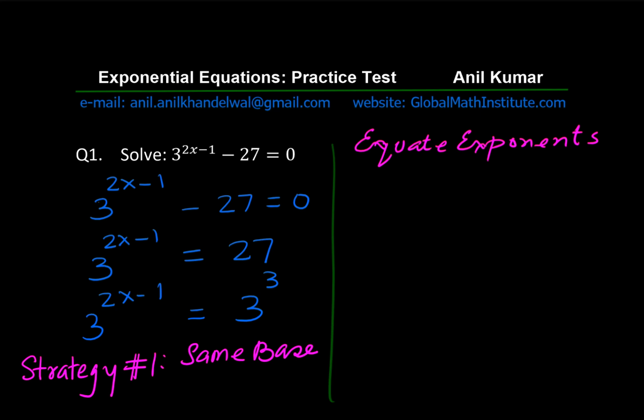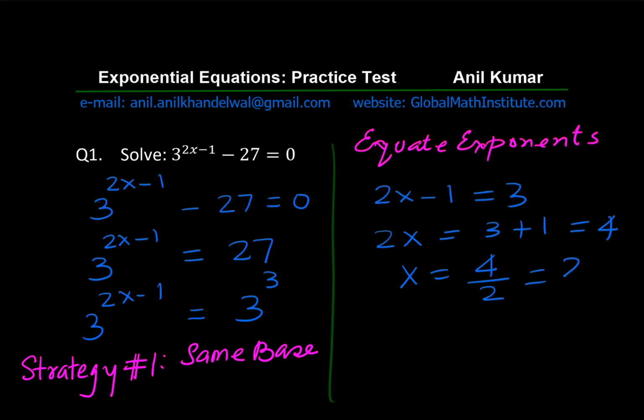So equating the exponents, we get 2x minus 1 equals to 3. And so that gives us 2x equals to 3 plus 1, which is 4, and x is equal to 4 over 2, which is 2. So we get our answer, which is x equals to 2.